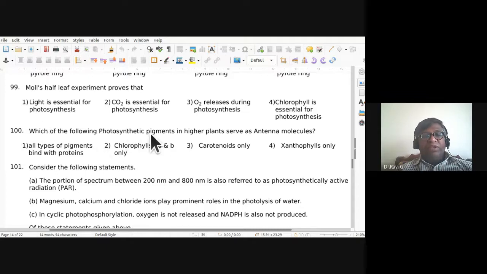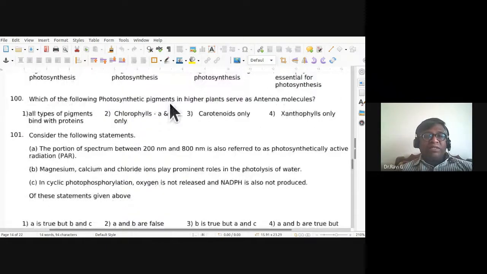100. Which of the following photosynthetic pigments in higher plants serve as antenna molecules? Is it all types of pigments which bind with proteins, or is it chlorophyll a and b only, carotenoids only, xanthophylls only?